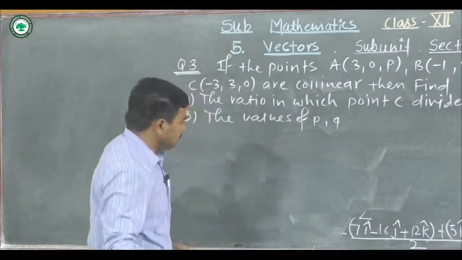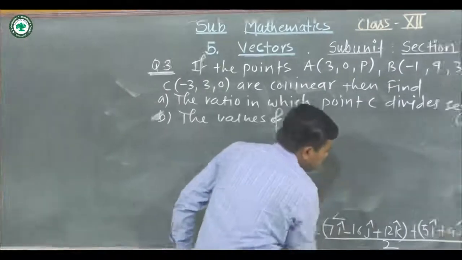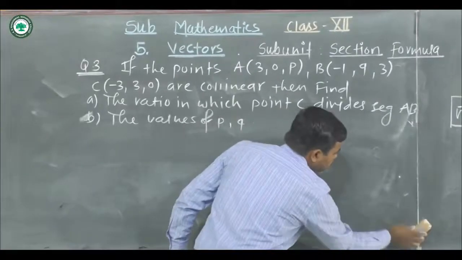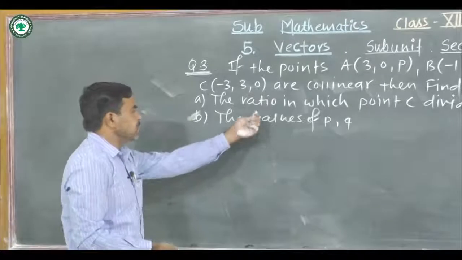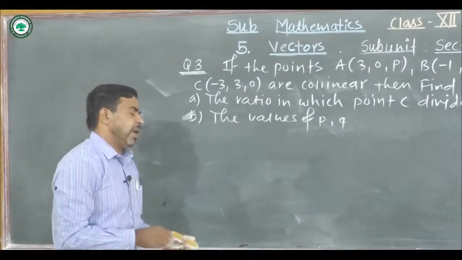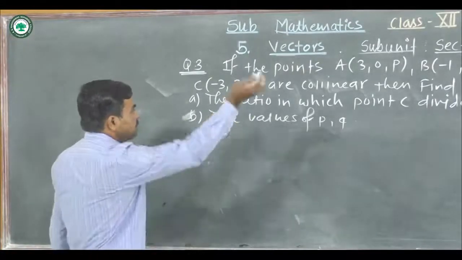In the first we have to find the ratio in which the point C divides the segment AB, and in the second sub question we have to find the values of p and q if A, B, C are collinear.